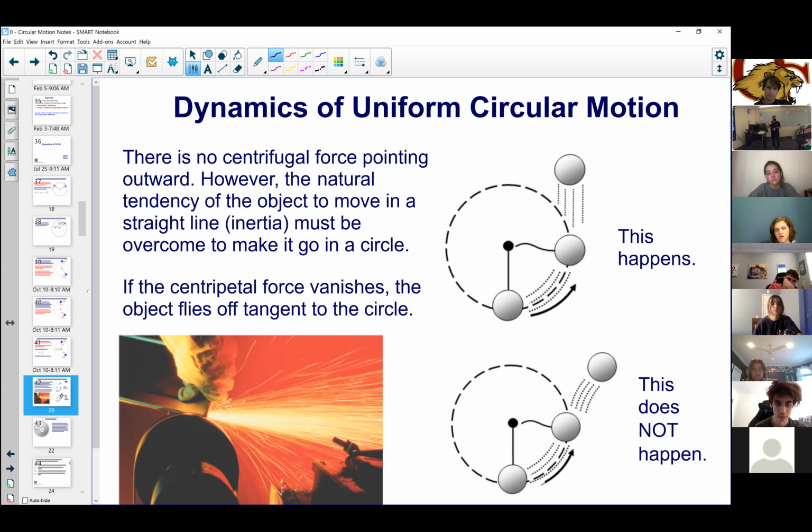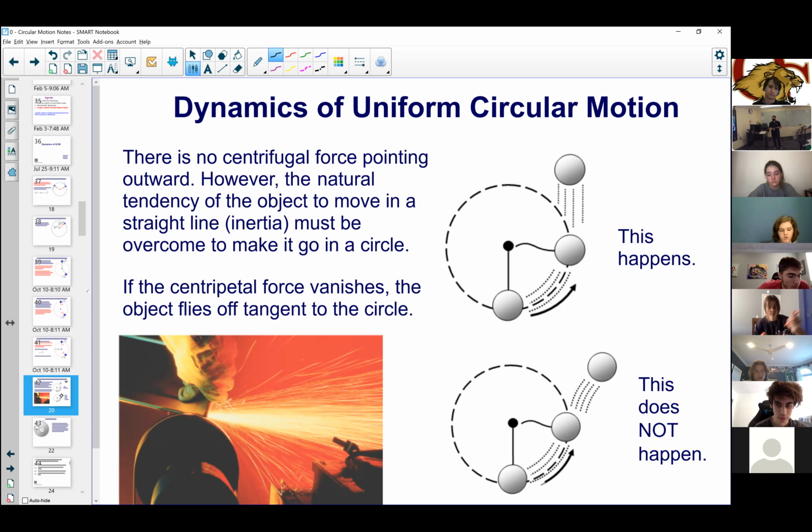But the wall keeps pushing you to the middle so that you can't go in a straight line. And so it forces your body to travel in this central movement, and the wall is pushing against your back to keep you going in a circular path instead of going in a straight line. And it's just the friction between you and the wall that keeps you against the wall when the floor starts to drop out.